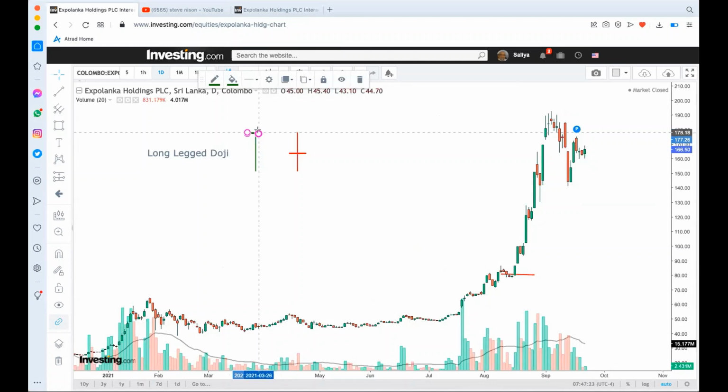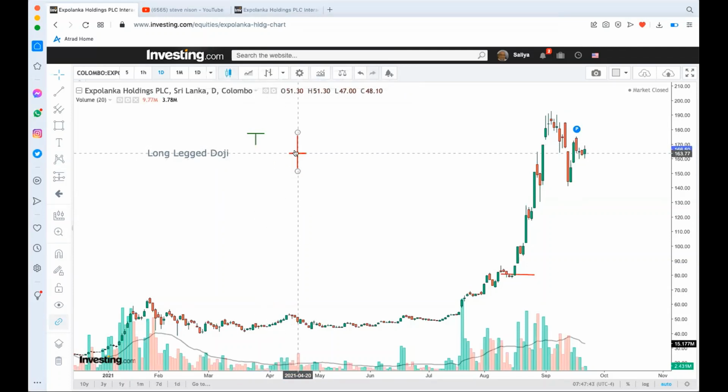At the same time, you might see dojis, something like, give me a moment, dojis with very small wicks, something like this. They are all dojis.